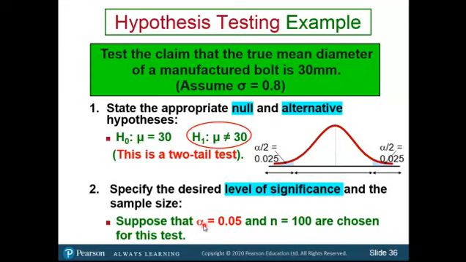So since we use alpha 0.05, then we have to divide the alpha 0.05 by 2. Then we have an area equal to 0.025 to the left and 0.025 to the right, to represent the rejection areas.